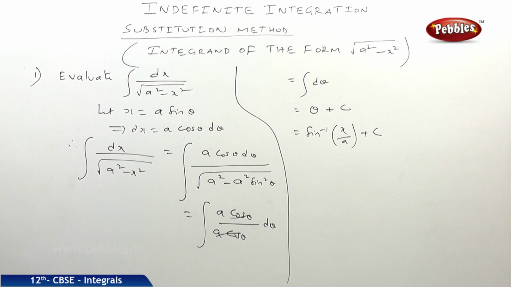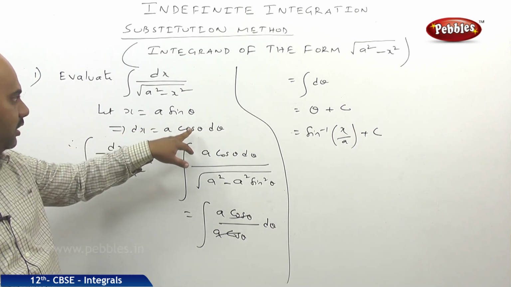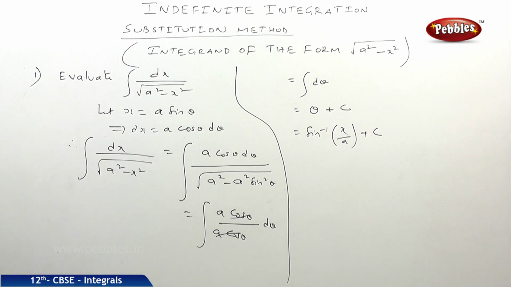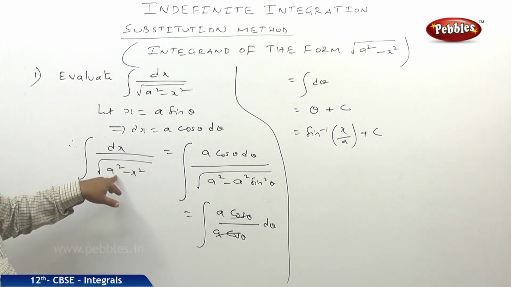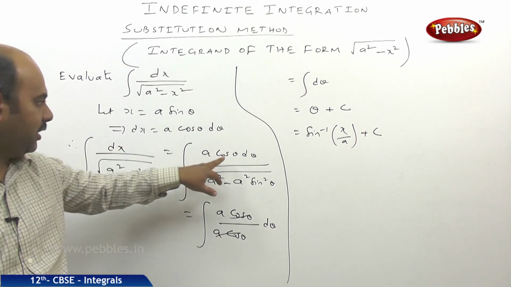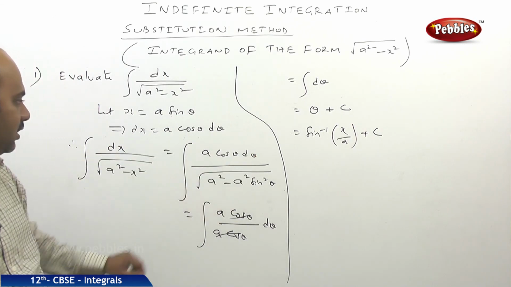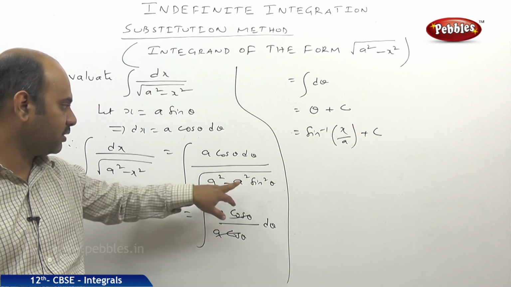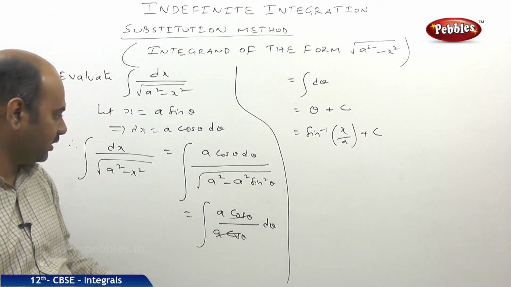So once again I am repeating, x is equal to a sin theta, dx is nothing but a cos theta d theta. So what happens? Integral of dx by under root of a square minus x square is equal to, in place of dx, a cos theta d theta, under root of a square minus a square sin square theta.